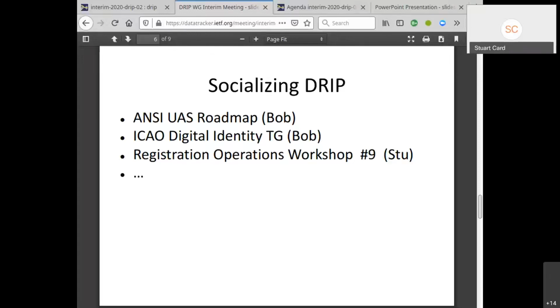This is the registration operations workshop, and they're also going to have a panel discussion focused on DNS privacy and encryption, and they've invited one of us to participate in that panel. So one thing I'd be looking for today is, do you all want me to handle that, or is there someone who would like to step up to be our working group's speaker, if you will, on the panel focused on DNS privacy and encryption?